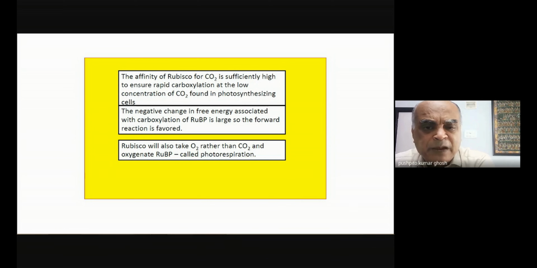Obviously in the stroma where these things are going on, there must be a very good mechanism by which the oxygen is more or less kept excluded. But all of the oxygen is not shut off, and so oxygen also reacts with Rubisco, and that reaction is known as photorespiration. So this is what allows photosynthesis, and this is what will allow photorespiration. The process of photorespiration will generate carbon dioxide.